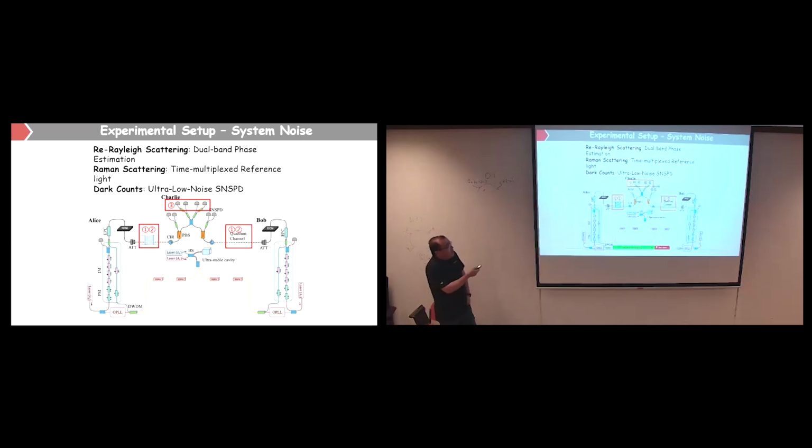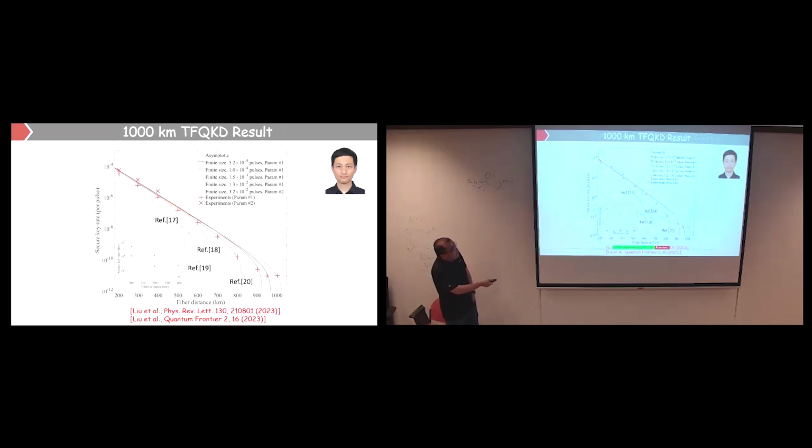For the dark count, we use an ultra low noise SNSPD developed by our collaborator. This one is about 0.1 count per second, which means about every 10 seconds there will be a dark count. And eventually we get about 1,000 kilometers. This means with 1,000 kilometers of ultra low loss fiber, you can still do QKD, but the key rate is very low. For this one, I think 300 or 400 kilometers is a reasonable distance.